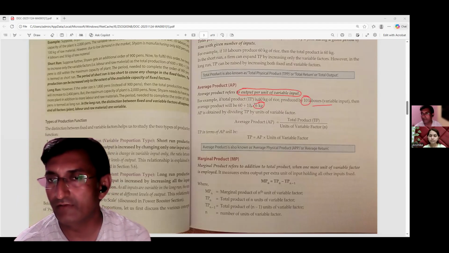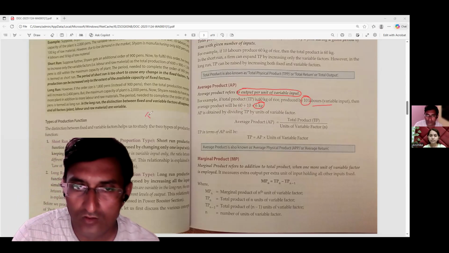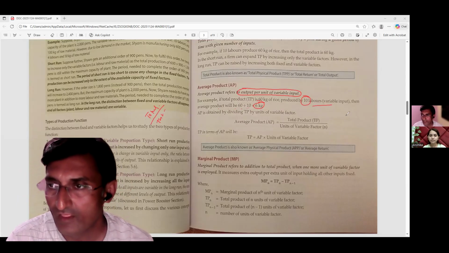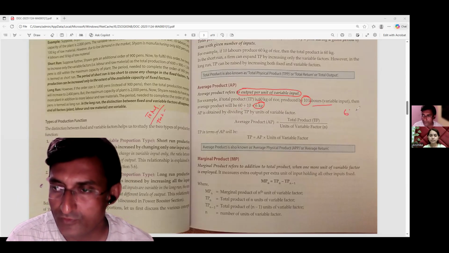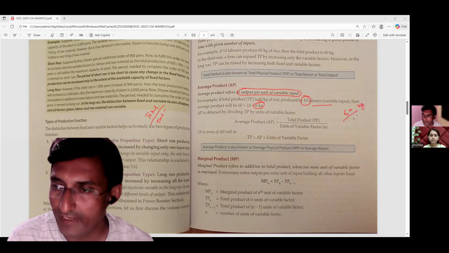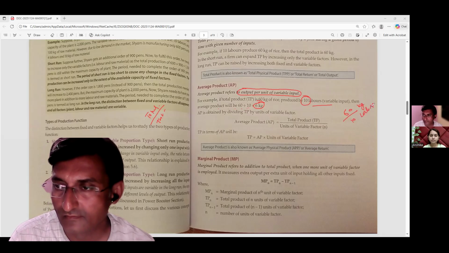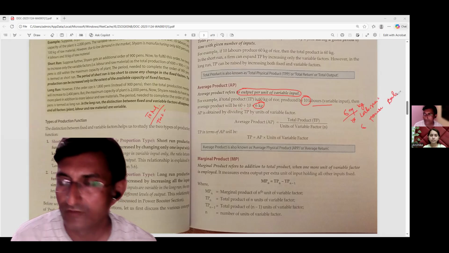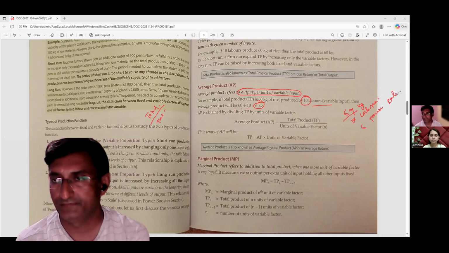How to find out the average? Total output divided by the total number of persons, in simple terms. In this case, the total output is 60 kg of rice produced with the help of 10 laborers. After calculating, it comes to 6 kg per laborer. One laborer is producing only 6 kg.